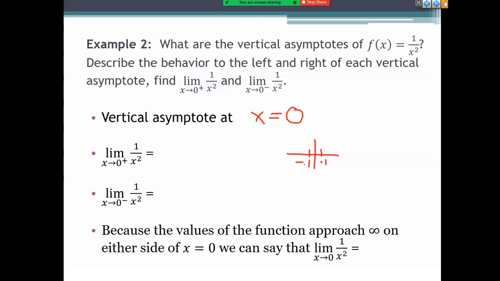So anything squared is always positive, and then the numerator is also always positive, because it's just a number. So both of these vertical asymptotes go to positive infinity, excellent.